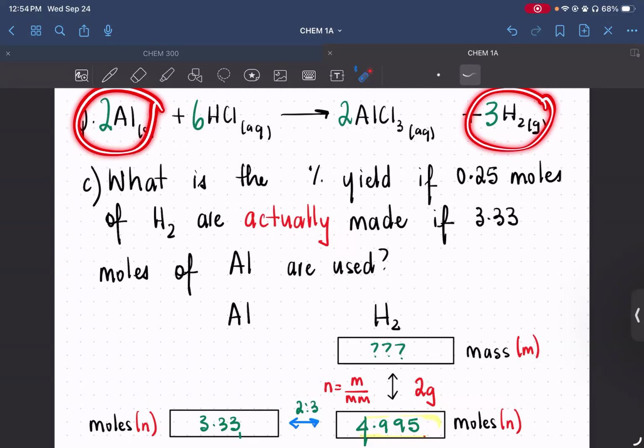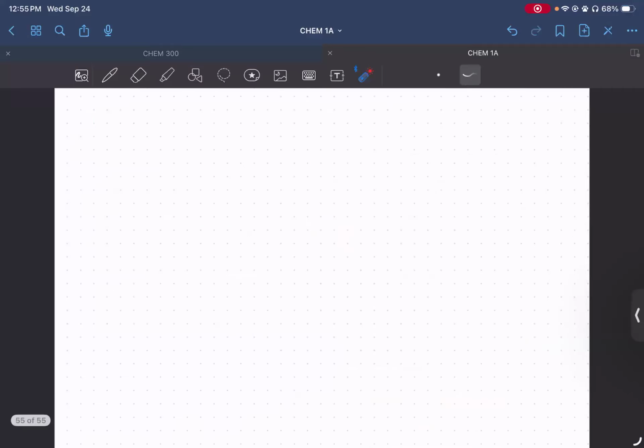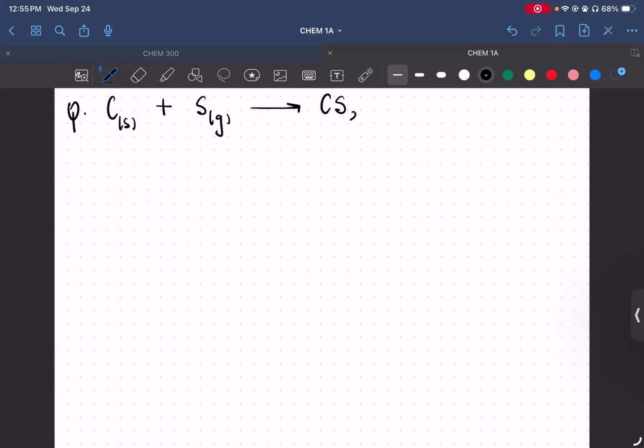But occasionally, what if I give you information about both reactants? Let's do a question for that. Here's a new reaction. Carbon added to sulfur gives you carbon disulfide.